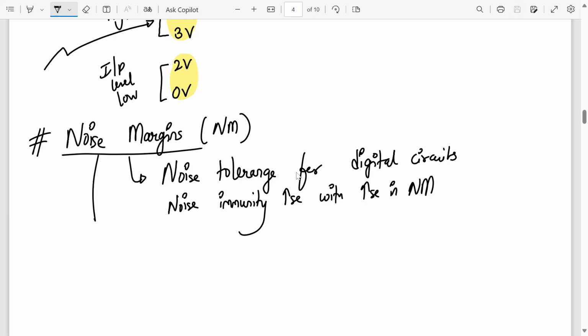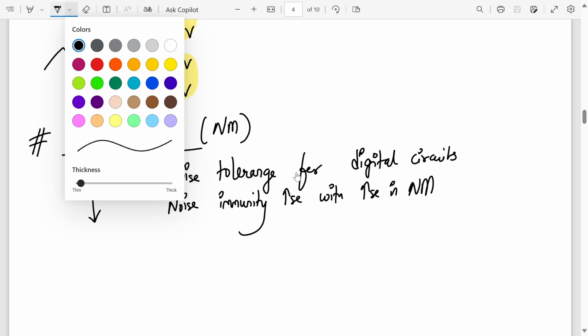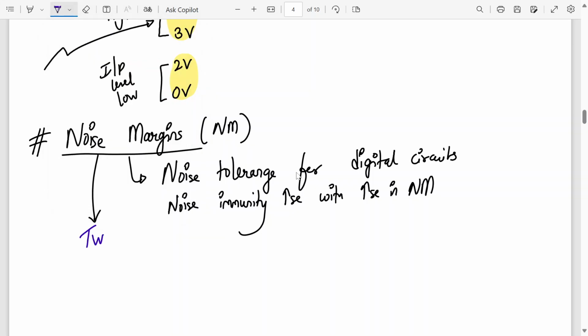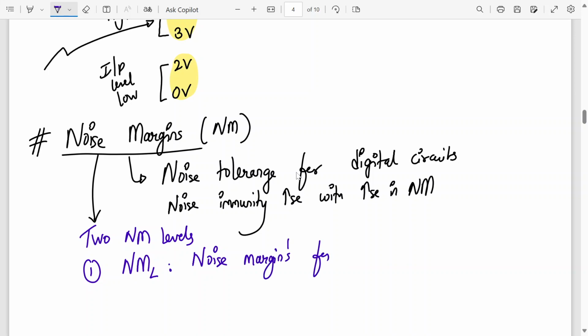Then there are two types of noise margins. Two noise margin levels. One is NML, which is noise margin low. This is the noise margin for low signal levels.